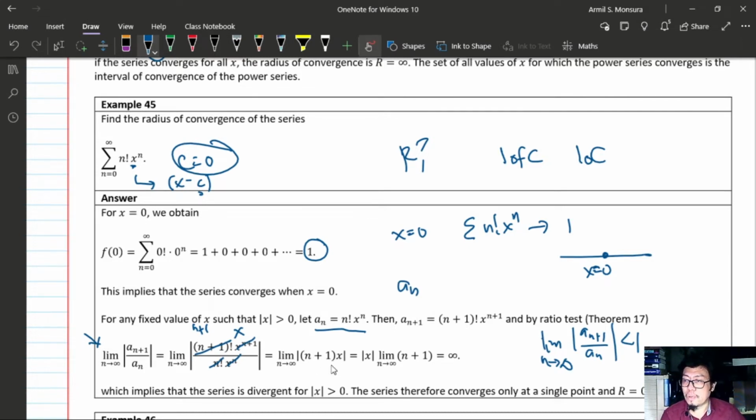Now, we will be evaluating this as n approaches infinity.